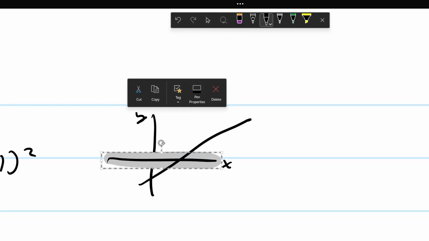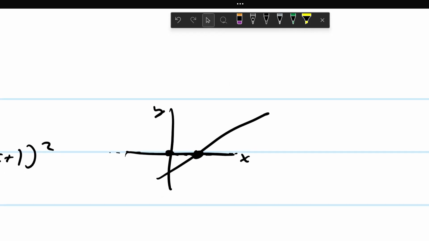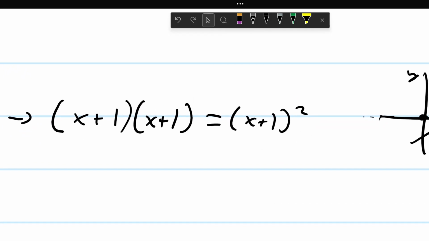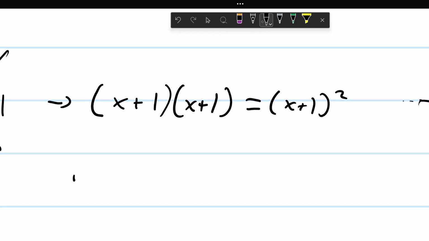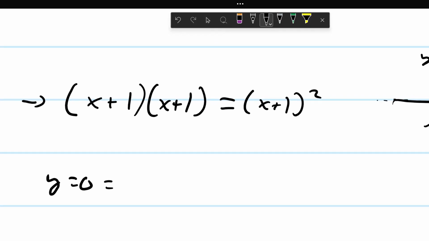So if y was equal to 0, on this line, we could find what x is, and we like to find these roots. What we could immediately do is say that if y was equal to 0, it should be x plus 1 squared.